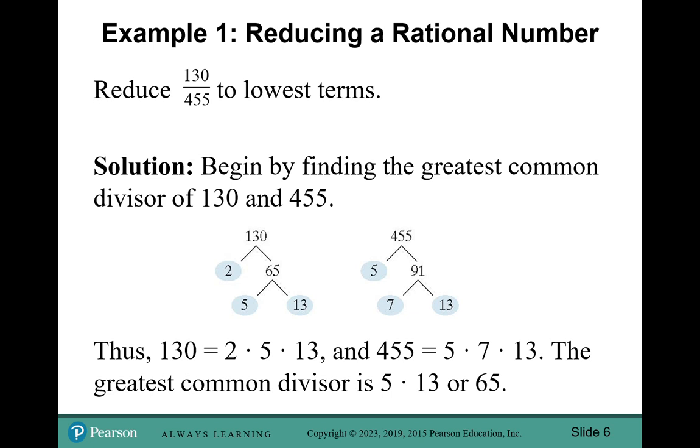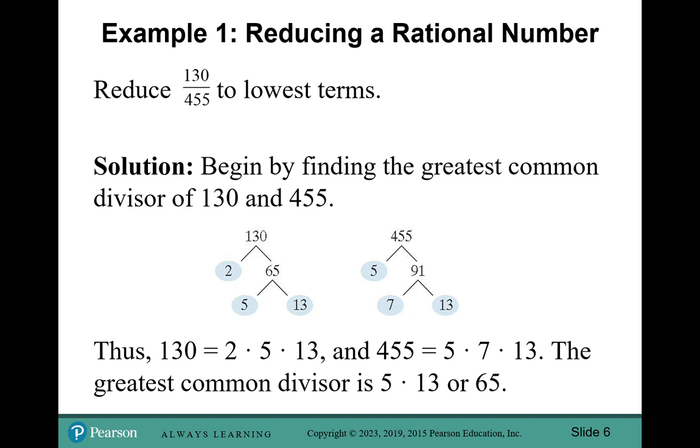To do this, we look at the prime factorization. We break 130 down into 2 and 65. Then we further break 65 down into 5 and 13. 5 and 13 are both prime, so we can't break them down any further. We break 455 down into 5 times 91, and 91 further into 7 times 13.